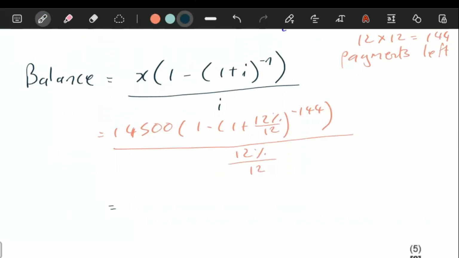So all this being done, let's put things into our calculator. 14,500, 1 minus 1 plus 12% over 12, this whole thing to the power of negative 144.